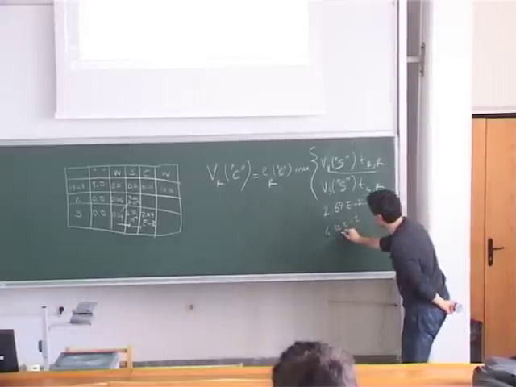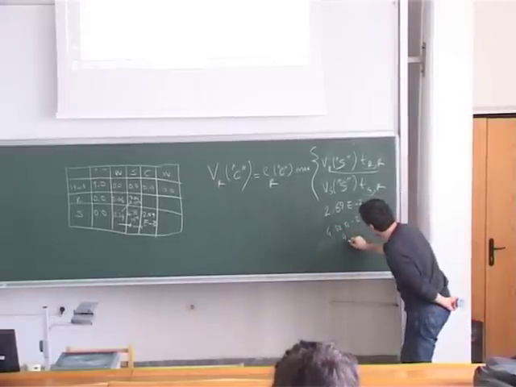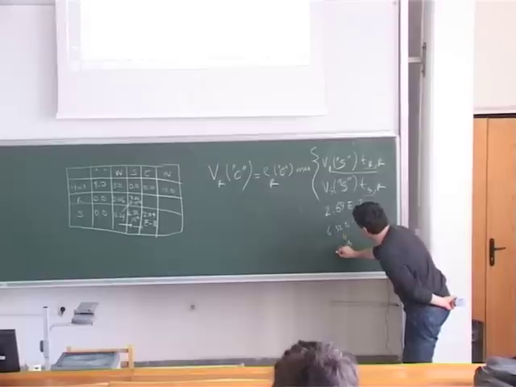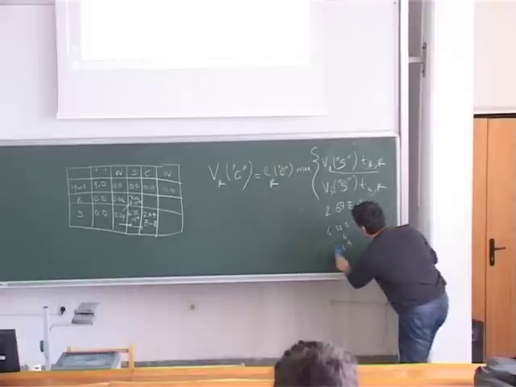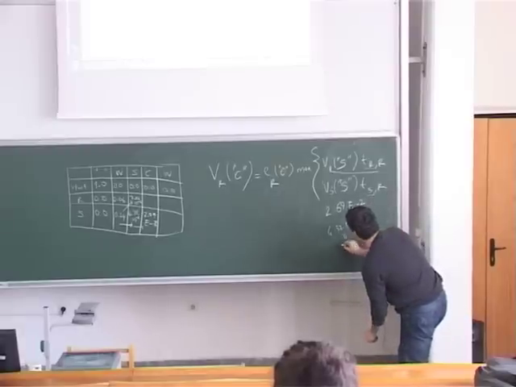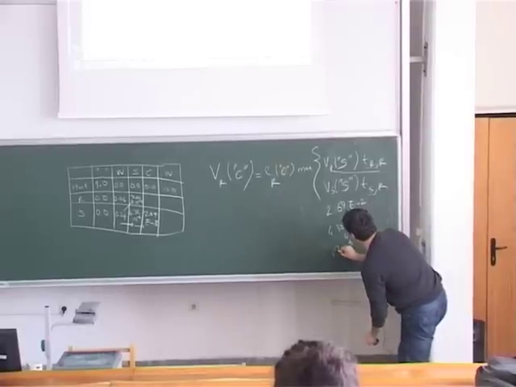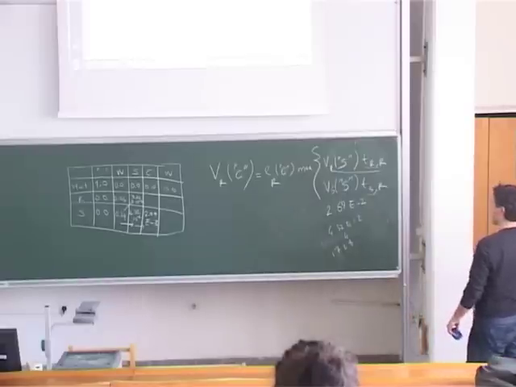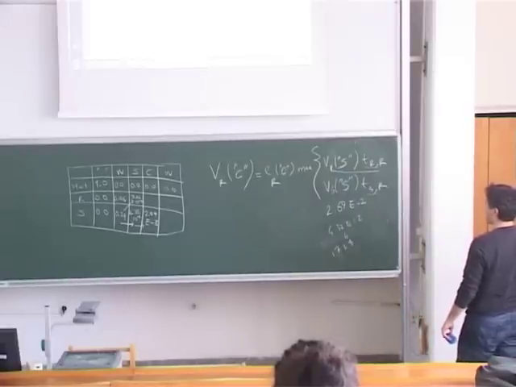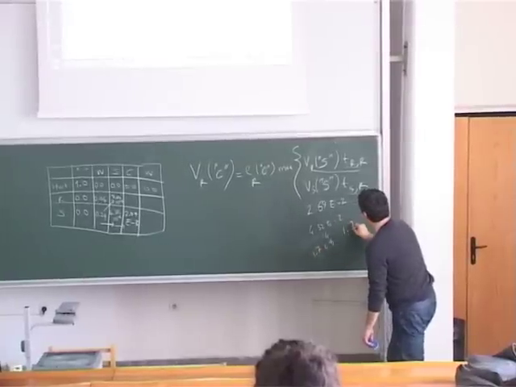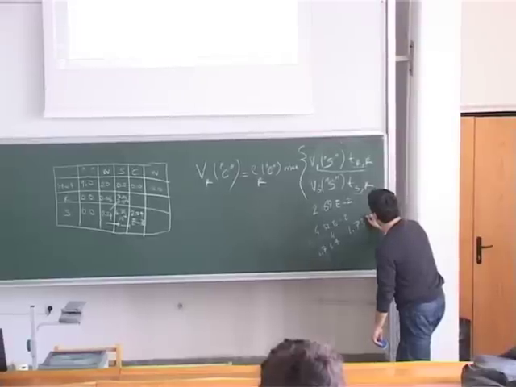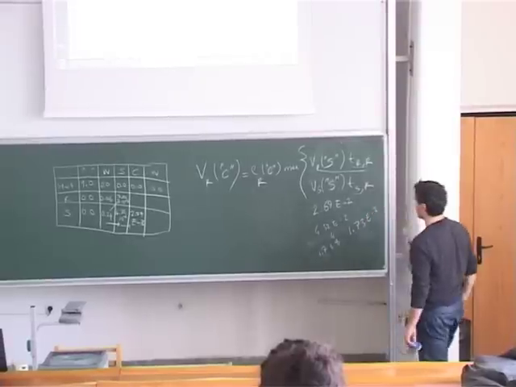I'm going to multiply this with 0.4. It's going to be 173 e to the minus 2.